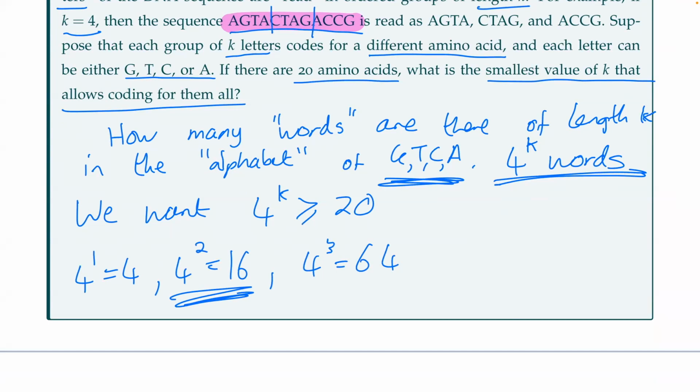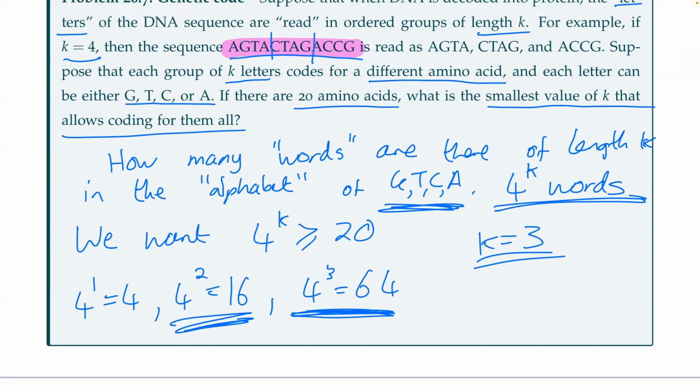So words of length 2 are insufficient. Words of length 3 are sufficient. So K equals 3 is the minimum. And this is actually what happens, right? If you have a sequence like this one above here, this is read in blocks of 3.